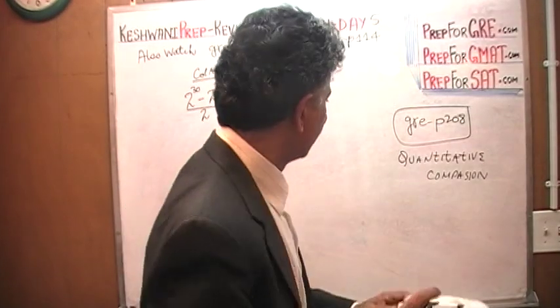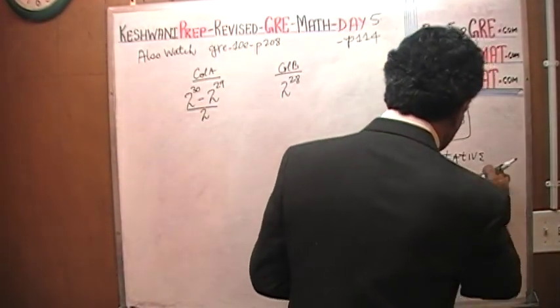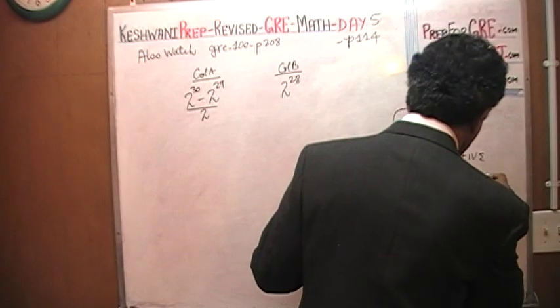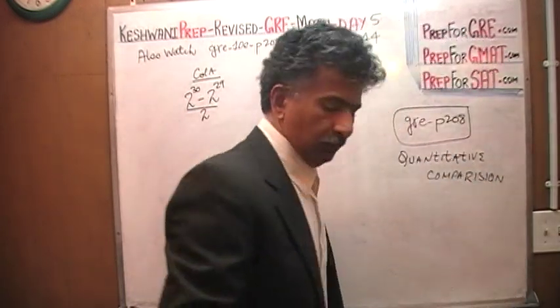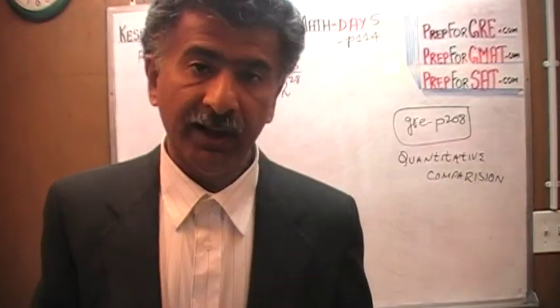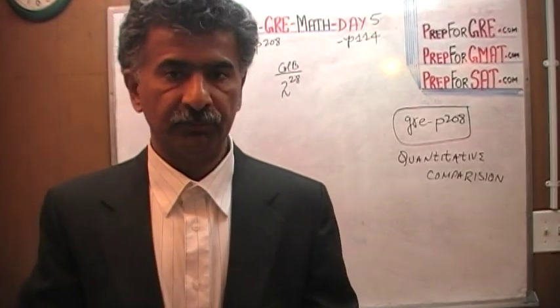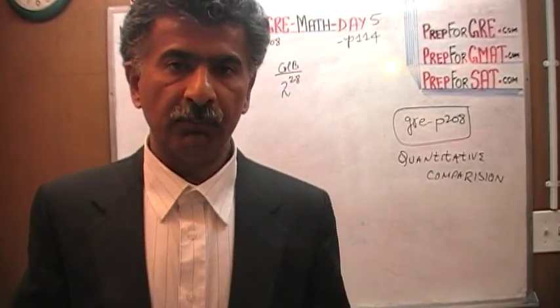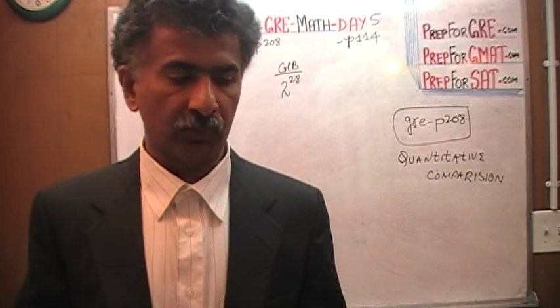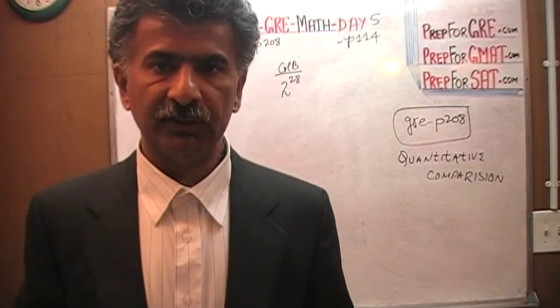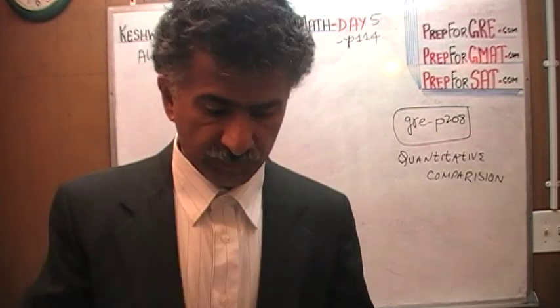Comparison is not spelled correctly. One change that they have not made is that they have not taken out quantitative comparison questions, and therefore all the quantitative comparison questions that you find in the old book, which is the 10th edition of the official guide of the GRE, which I'm going to show you in a second.